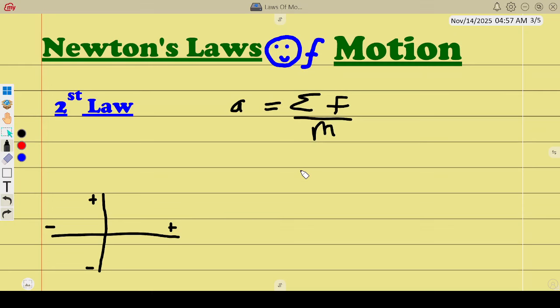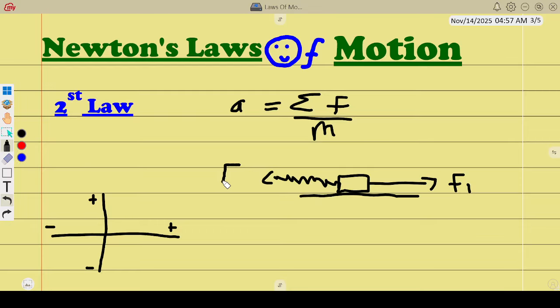So now what I want to explain here is how to add forces. Let's say you have a box like this, and we have a force which is pushing it to the right. We're calling it force 1, but there is some friction force which is pulling the object. We're going to call it force 2. So now how you add the forces: for the things which are going to the right, you should give them a positive.